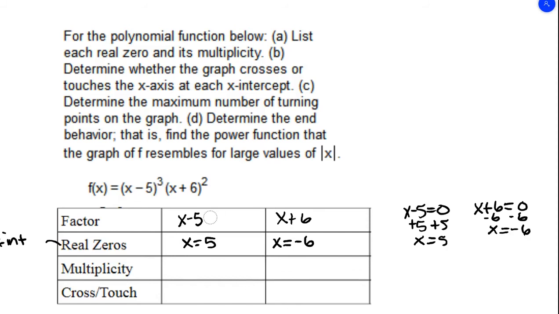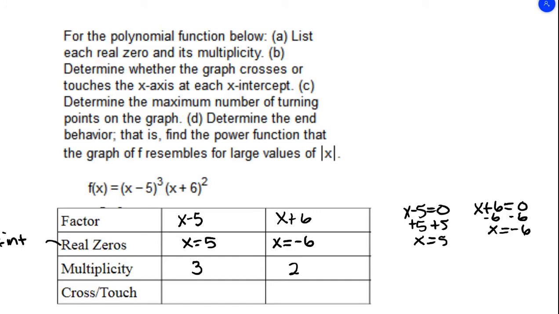So for the factor of x minus 5, we have 3 factors of x minus 5. So that tells us that this 0 has a multiplicity of 3. And the factor of x plus 6 has a squared on it, so we have 2 factors of x plus 6. And this 0 has a multiplicity of 2.